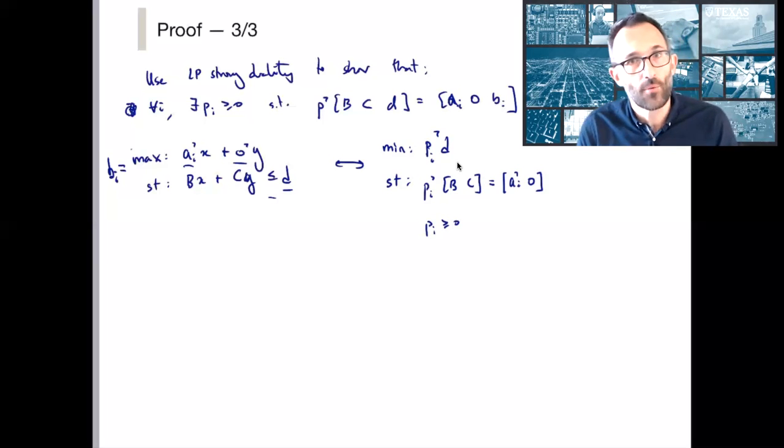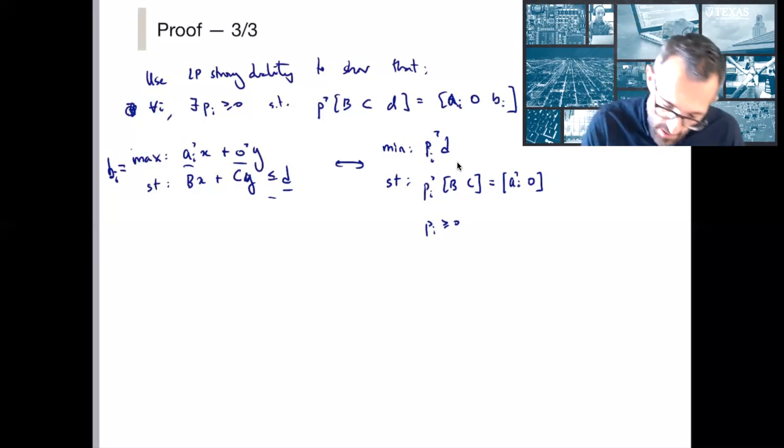So we know that the primal is feasible and bounded, therefore strong duality holds.